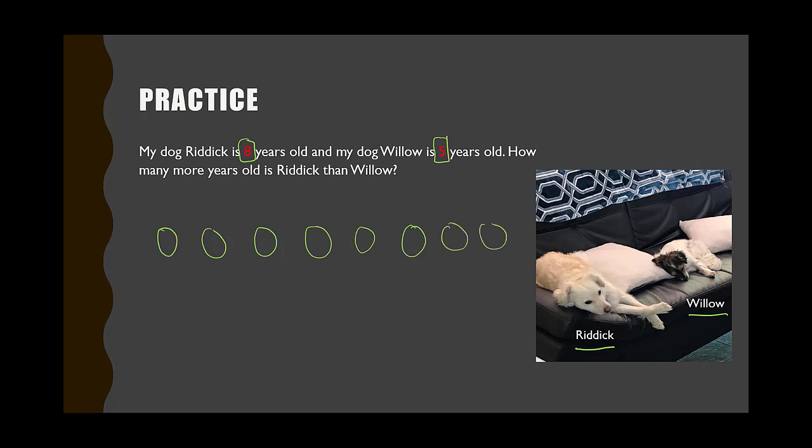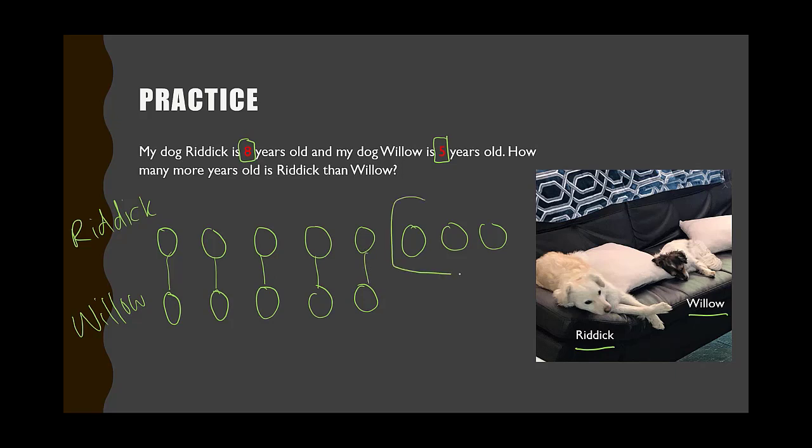And my dog Willow, she's 5 years old. So this is for Riddick. And then this is going to be for Willow. We're going to draw 5 circles for how many years old she is. 1, 2, 3, 4, 5. And then I want to see how many more circles do I have for Riddick than I do for Willow. So we have to make some pairs. 1, 2, 3, 4, 5.